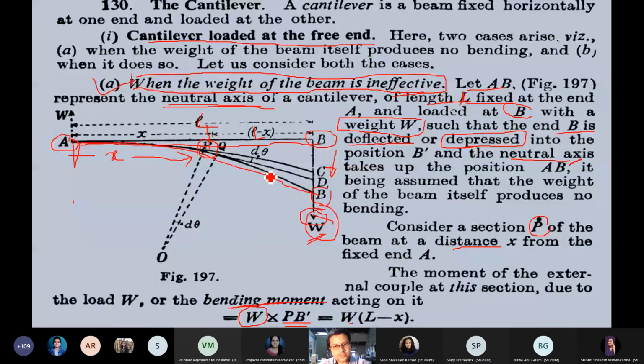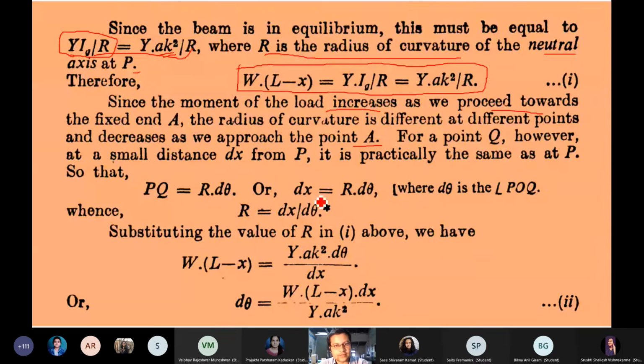The radius of curvature is more and more as we move towards point B prime. So remember, originally what will be the radius of curvature? It will be R theta.